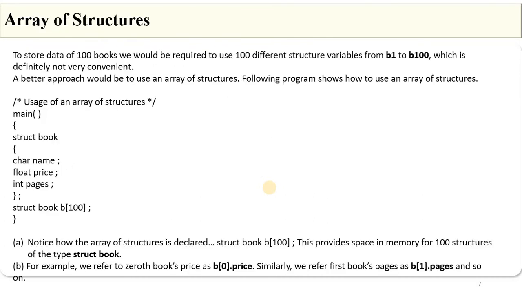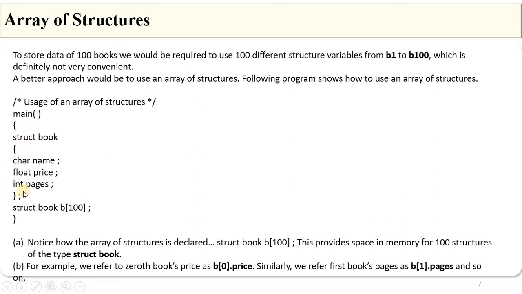Now let us see array of structures. Let's assume you want to store the data of 100 books. Let's say book is a structure here, struct book. It has a character name, floating type price, and int type pages.